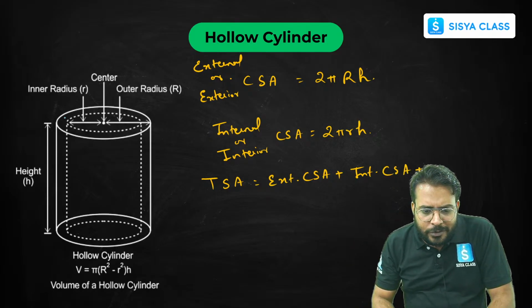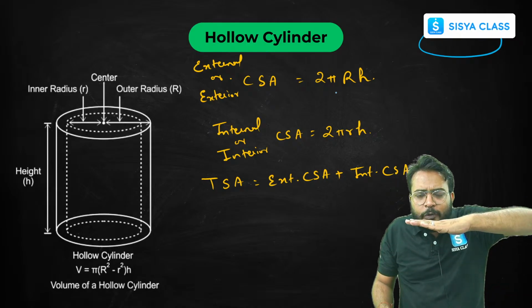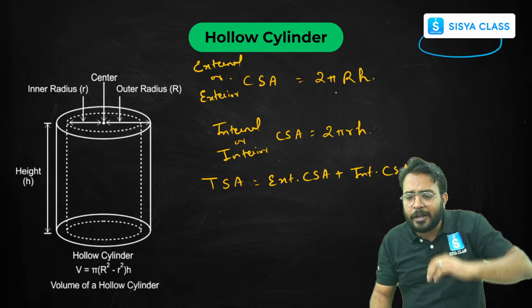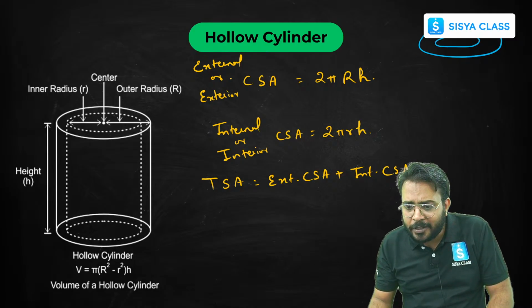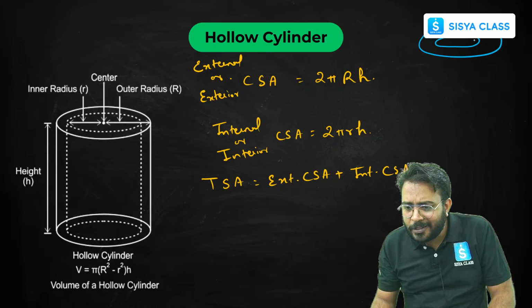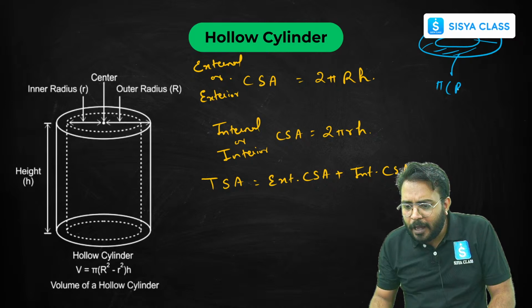You are going to use the area of the cross section, yes or no? At the top, one circle has the outer radius, and one circle has the inner radius. So what is the area of this? For a single circle it is pi r square, na. The area for this ring is going to be pi into capital R square minus small r square, yes or no, okay.